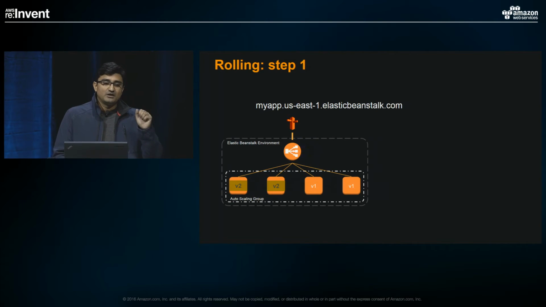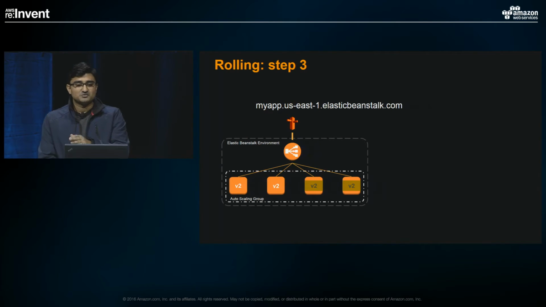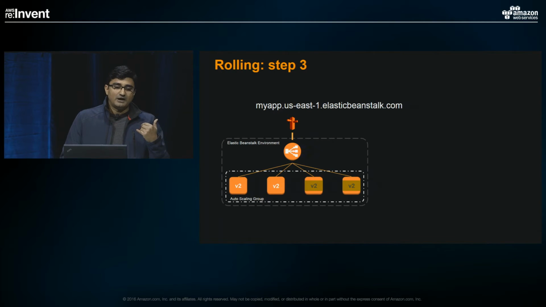We take these down, we deploy V2 to these 2 instances, and they come up. By default, your load balanced and autoscaling environment uses rolling for application deployment if you create it with the console or the EBCLI. Then the next 2 instances which were not updated are updated, and it's available.